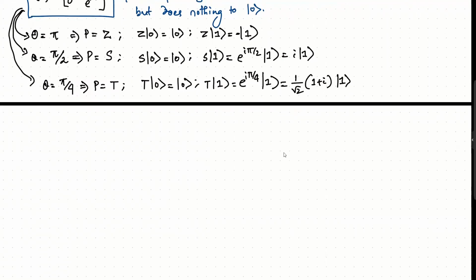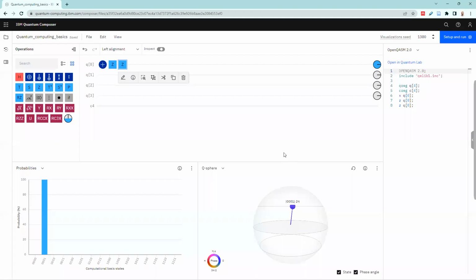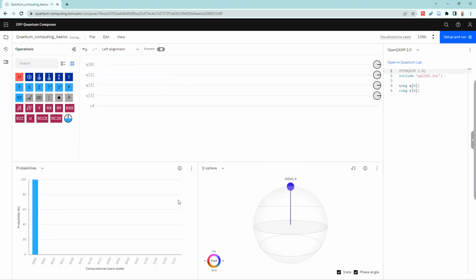Let's check it. We have already checked for Z. Now let's check for S and T. S applied to 0 does nothing, and S applied to 1 gives a phase factor of i. So let's delete all this. Our state is in 0 nicely, and then we apply the S gate.